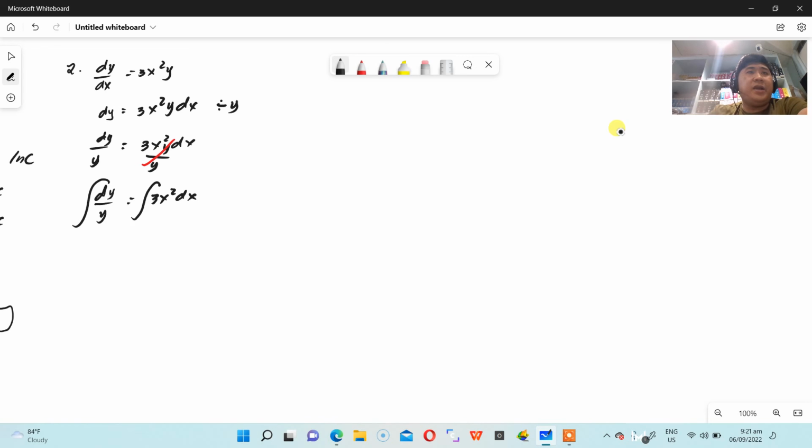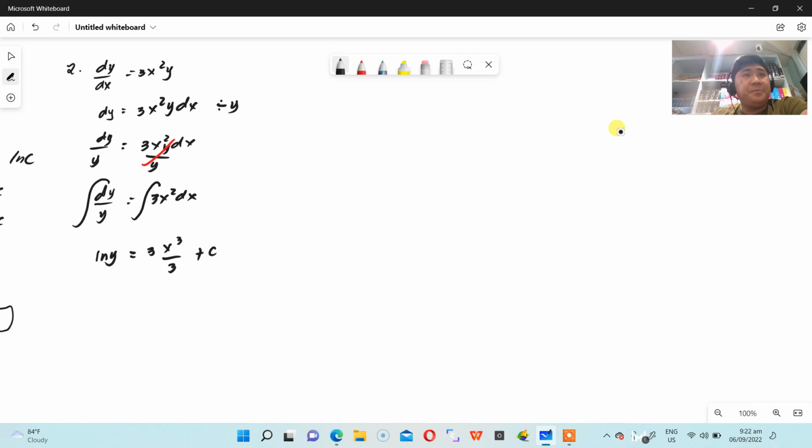Integrate, integrate. Now, the integral of dy over y is obviously ln y equals 3 x cubed over 3. The integral of x squared is x raised to 2 plus 1 over 2 plus 1, right? Plus c.